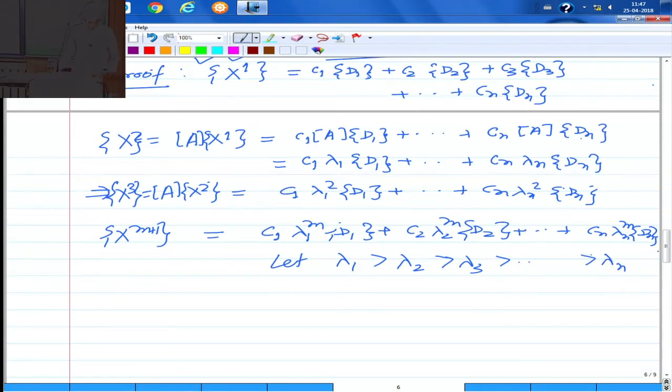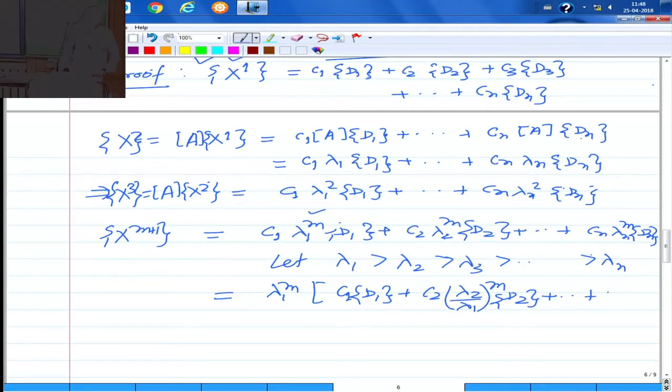Then what is going to happen? Then you will find that this term is going to be dominating, and these terms would become much smaller compared to this term. So what I can also do is that in this particular equation, I can take lambda 1 to the power m as a common factor. So what I will have is lambda 1 to the power m, then here I will have C1 into D1 plus C2 into lambda 2 by lambda 1 whole to the power m into D2, and the last one Cn into lambda n by lambda 1 whole to the power m into Dn.